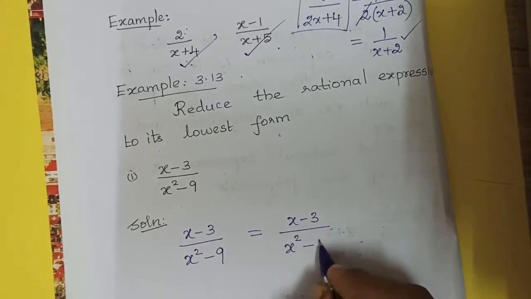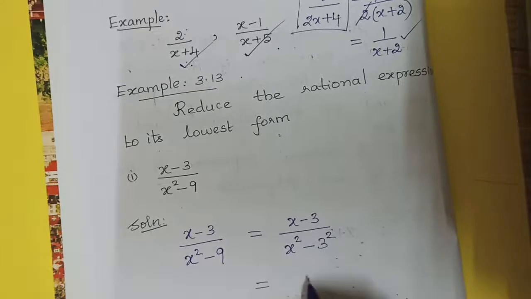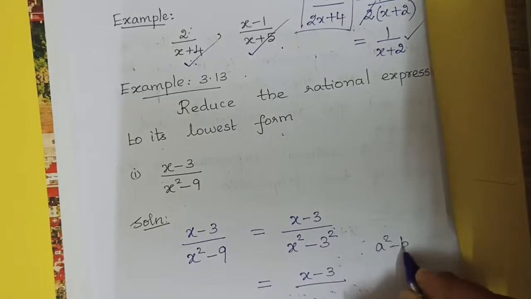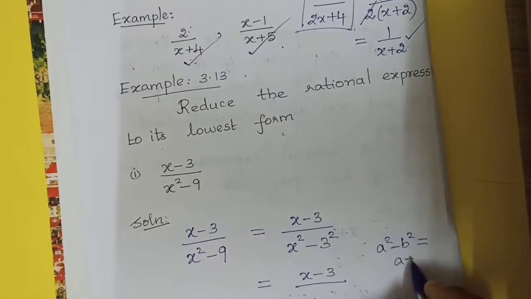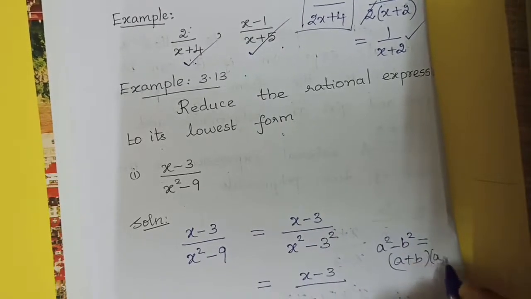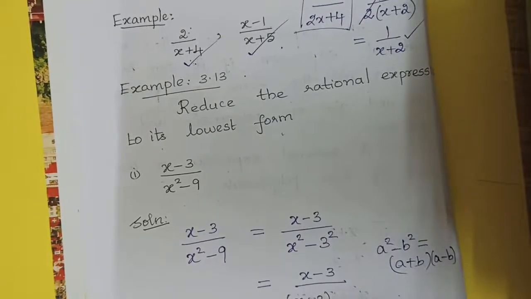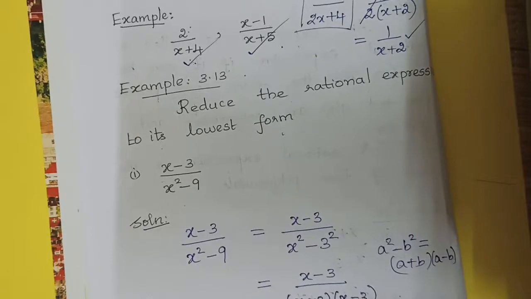We can write 9 as 3 square. Which formula? A square minus b square equals a plus b into a minus b. Just write this: x plus 3 into x minus 3.